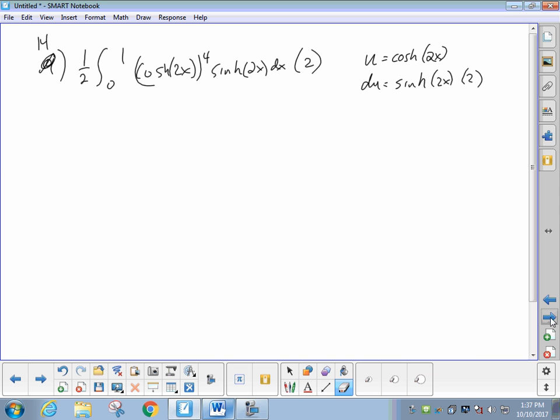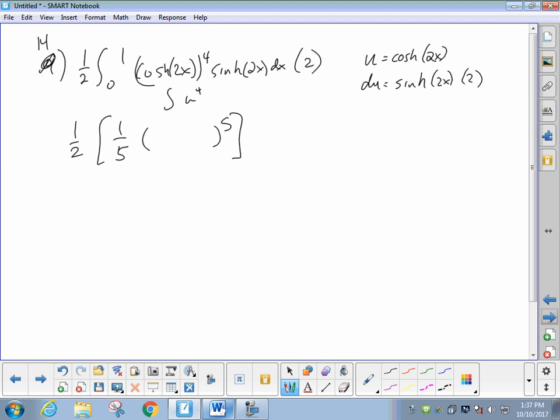That allows you to at least mentally picture the antiderivative of u to the 4th, which is 1/5 u to the 5th. But that was all in my mind, because on paper I kept it as cosh of 2x from 0 to 1. You follow? So something like 1/10 cosh to the 5th of 2 minus cosh to the 5th of 0.